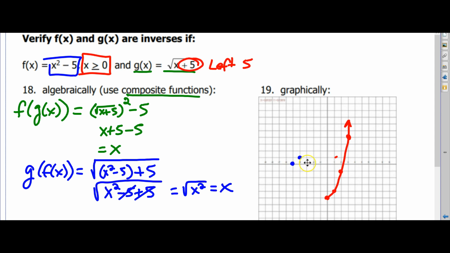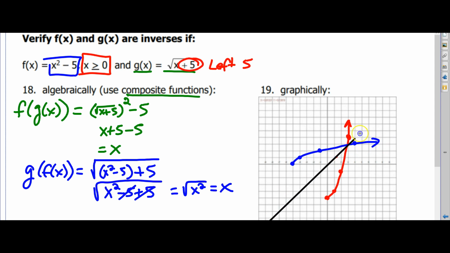The square root of 4 is 2. The square root of 9 is 3. So it's going to go through like this. That's just shifting over the square root of x to the left 5. And I just pretend like it was the origin to come up with those points to plot there.